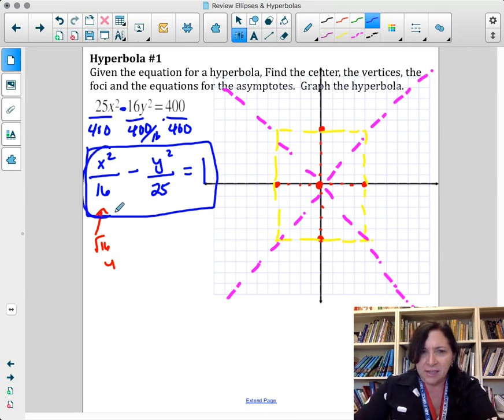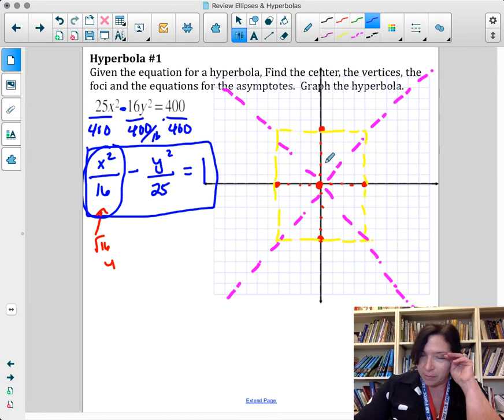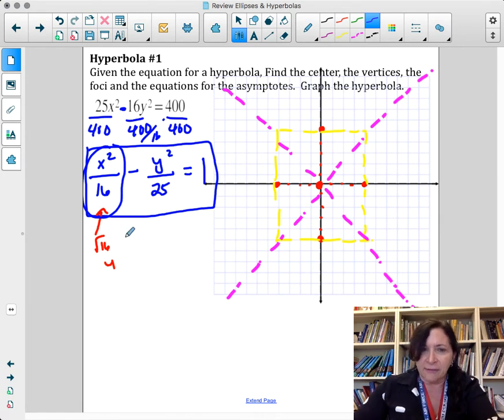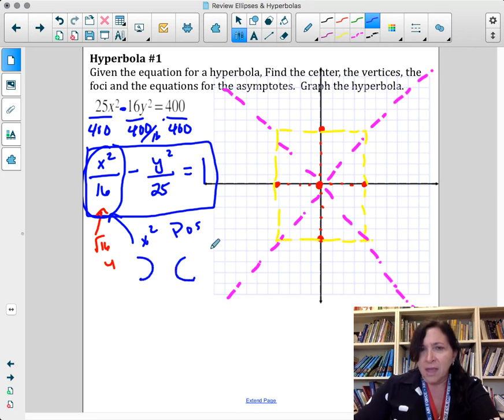If my x is positive, then that means my graph is going to open along the x-axis. If x is positive, x squared is positive, that's our positive coordinate. That means the graph is going to go to the left and to the right. If y was positive, meaning if it was a negative x squared plus y squared, the graph would be going up and down.